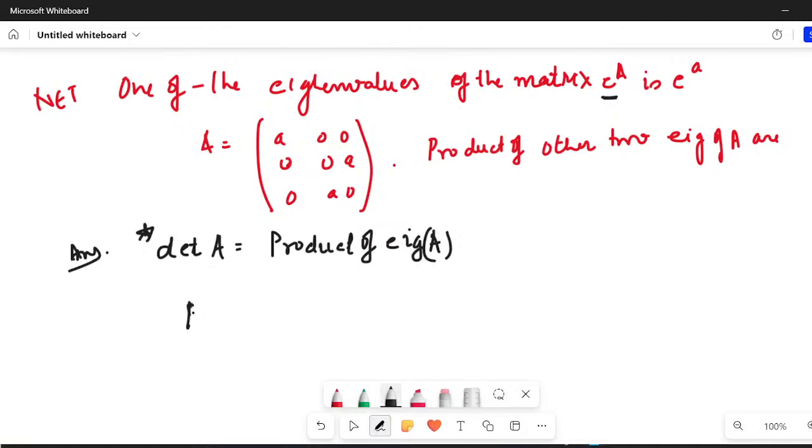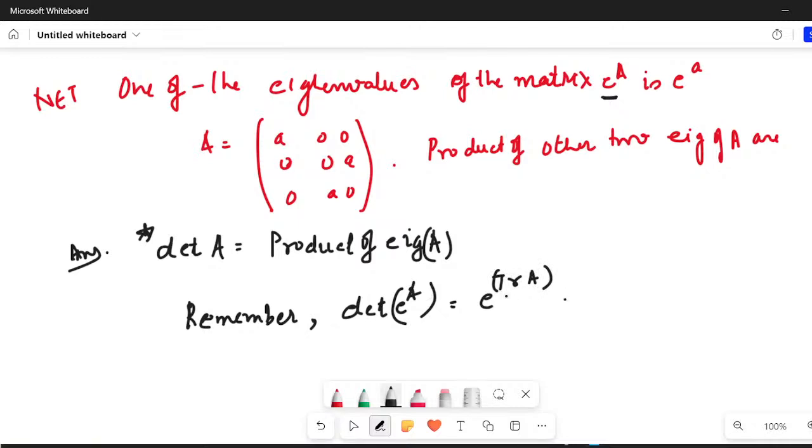So remember, yesterday I gave you a small proof. However, I did not explain the Jordan canonical form, but that we'll do in our linear algebra course. But remember, if I want to find the determinant of e raised to power some matrix A, it is equal to e raised to power trace of that matrix, if you remember.